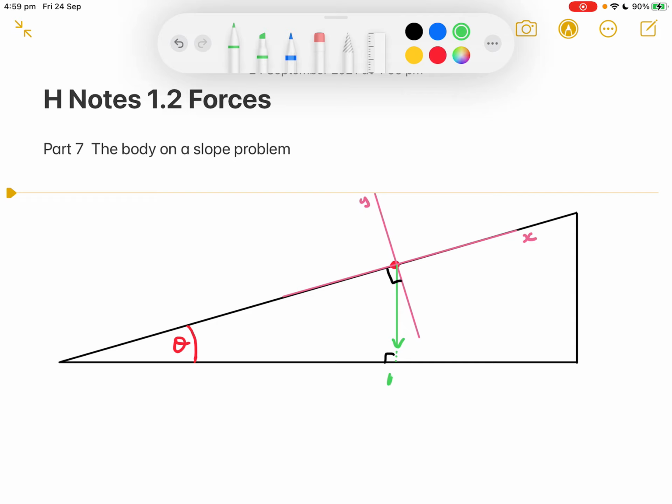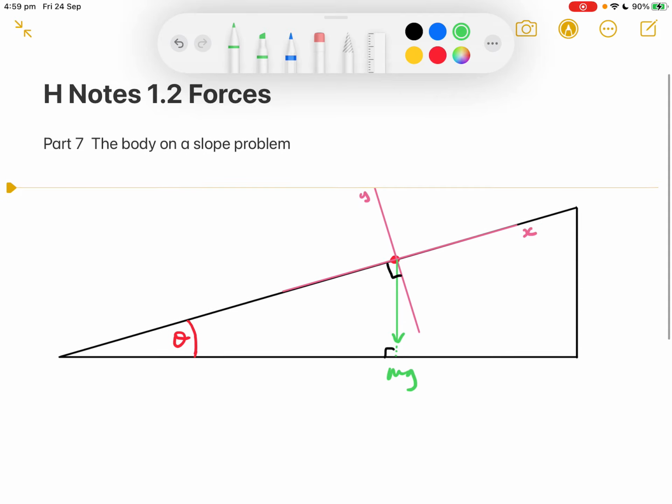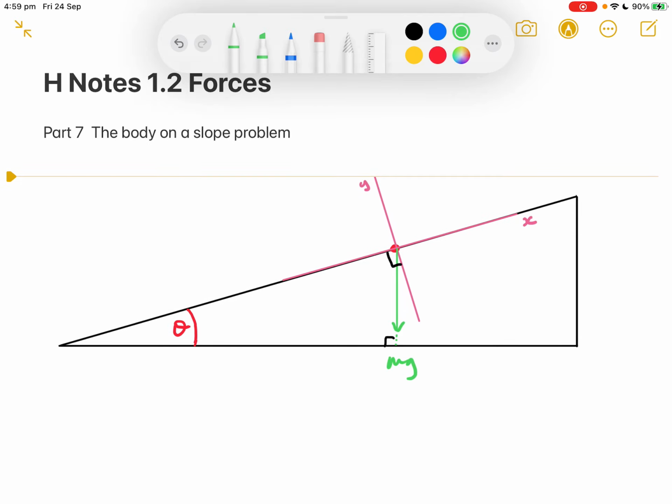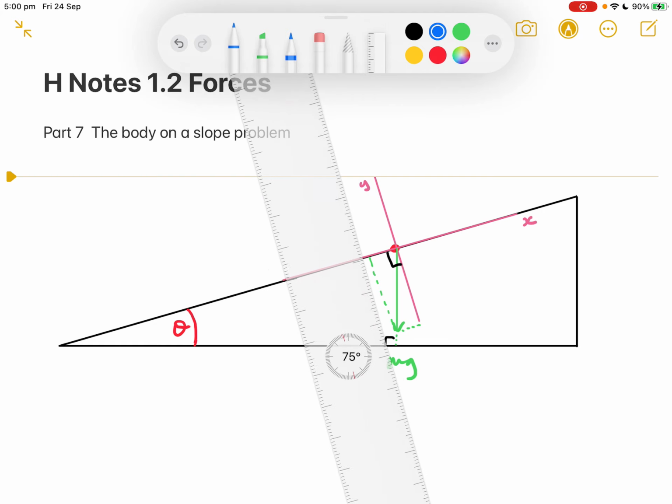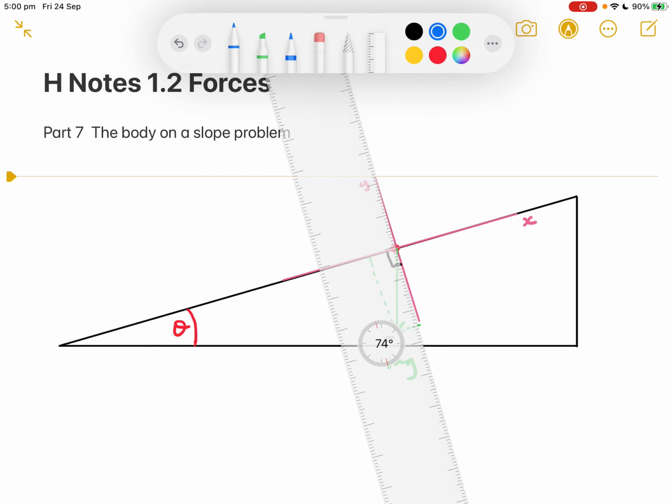So that's basically our weight force mg pointing down there. And what we're going to do is simply resolve this weight force into its two perpendicular components. One component along the y-axis and one along the x-axis. So let's draw in these two components.